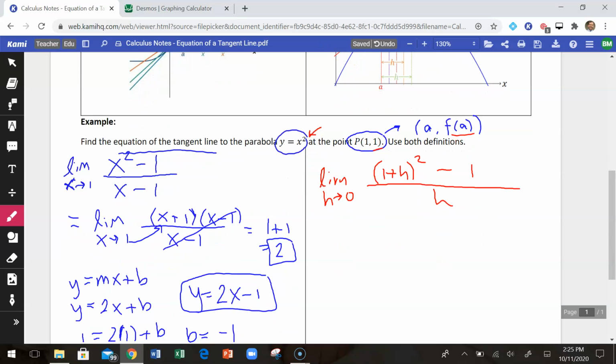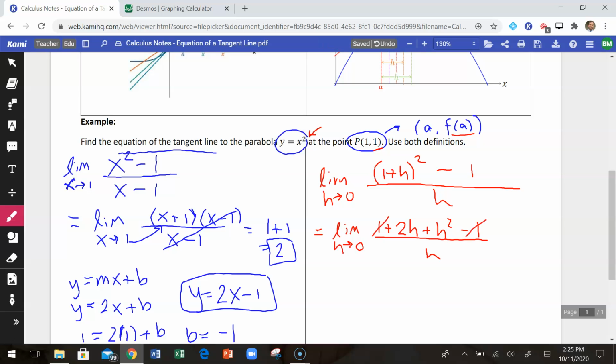Now again, I can't just plug in 0 here. That would give me 0 on the bottom. Can't do that. So I'm going to need to simplify the top, which means I just need to multiply that out. So 1 plus h squared would be 1 plus 2h plus h squared, if you multiply all that out, minus 1, over h.